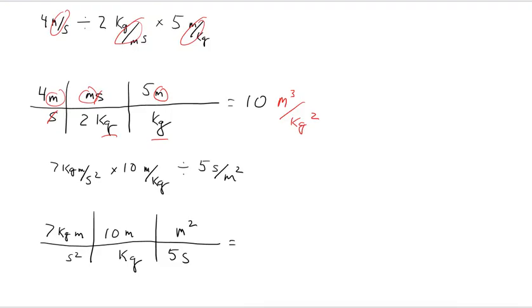So now I've got some pretty complicated units, right? But still, as I look at this, I have kilograms top and bottom, so they cancel out. 7 times 10 is 70. 70 divided by 5 is, let's see, 14. And then let's look at the units. So I got a lot of meters. They're all on top. 1, 2, 3, 4. 4 units of meters, so it's meters to the 4th.